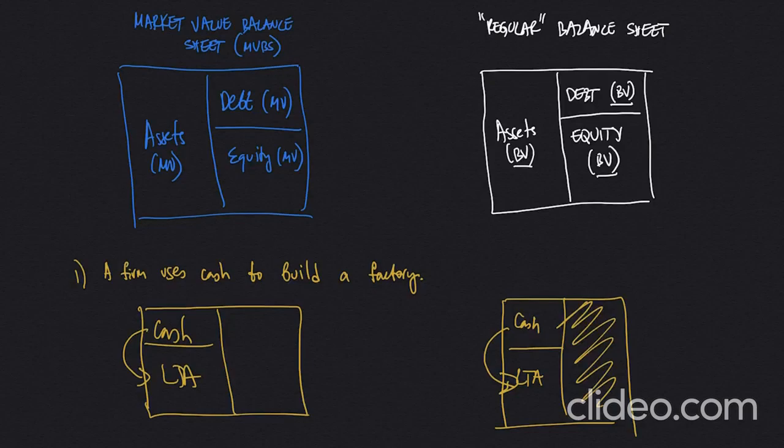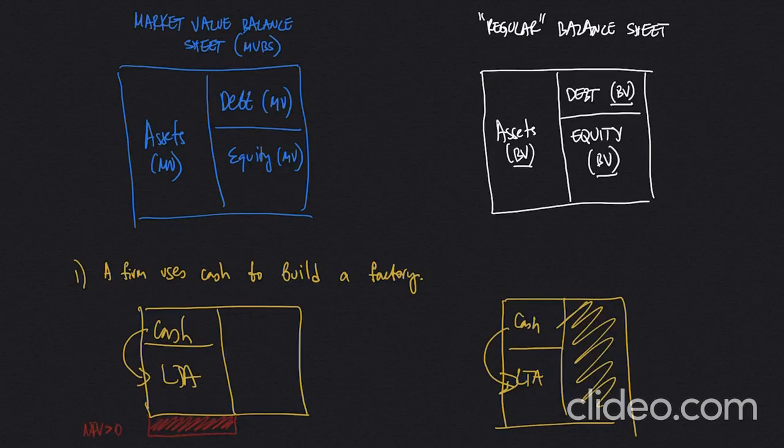However, if this transaction has positive net present value, then as a result of this transaction, the total value of long-term assets is going to increase more than the decrease in the cash that we use to build this factory. So we're creating this additional value, which again reflects the fact that the net present value of this transaction is positive.